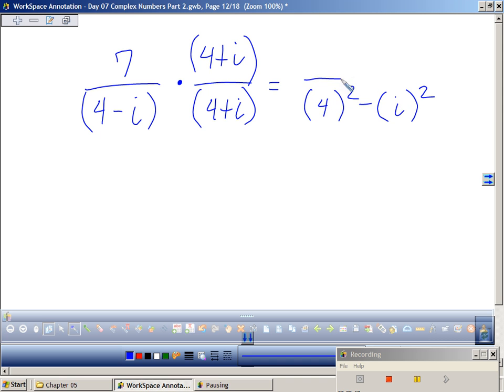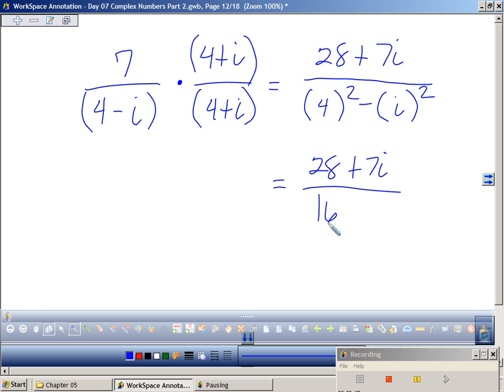I. Alrighty. So in the numerator, I have 28 plus 7i. In the denominator, I have 16 minus 1, because I squared is negative 1, which is 28 plus 7i over 17. Is it starting to click?